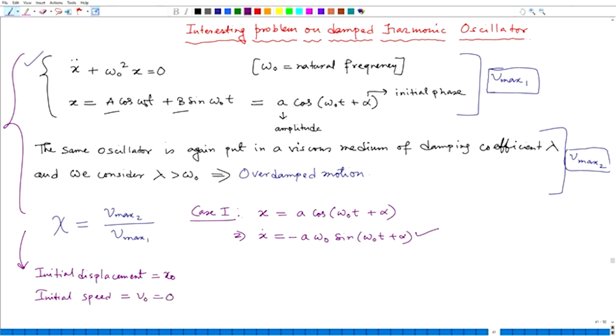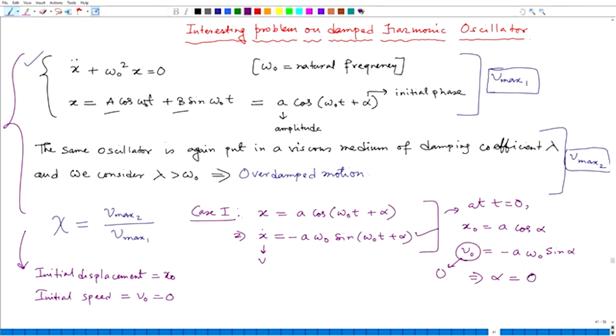At t equal to 0, we have x0 equal to A cos alpha, and V0 equal to minus A omega 0 sin alpha, which is 0. So alpha is equal to 0 or any multiple of 2 pi, which we neglect; we simply say that alpha is 0.